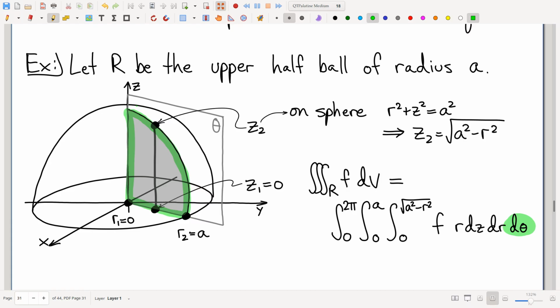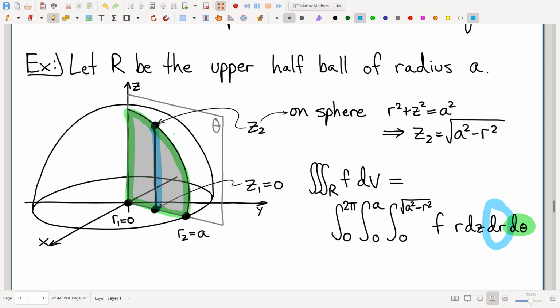Let's think about r. What do r slices look like? Well, r slices, a constant value of r on this theta slice, is going to look something like that. If you'd like, you can think of that as how this green slice intersects with a cylinder representing a constant value of r. But we don't really need to think about that.